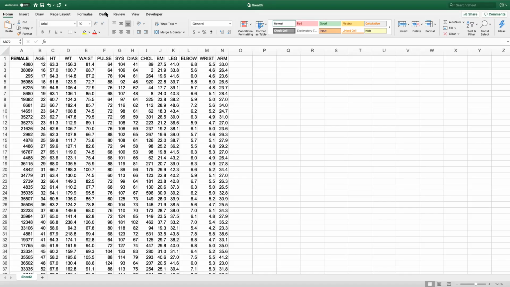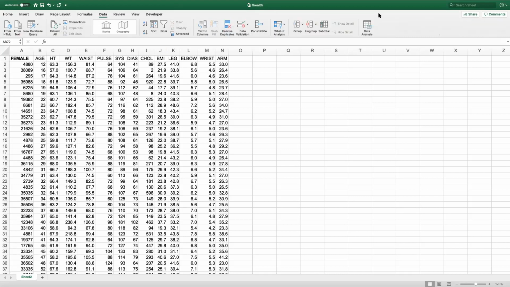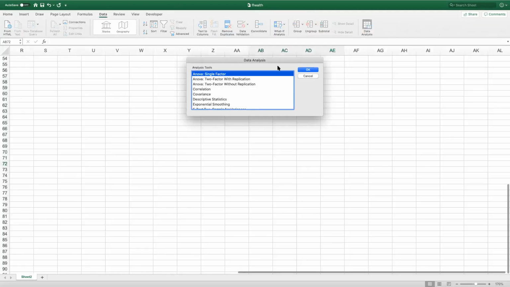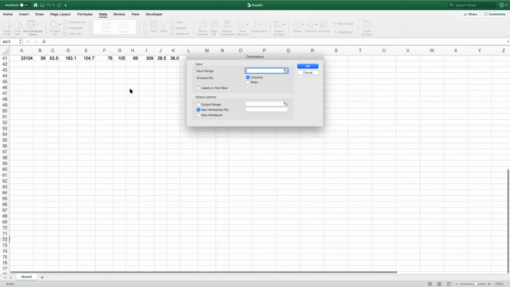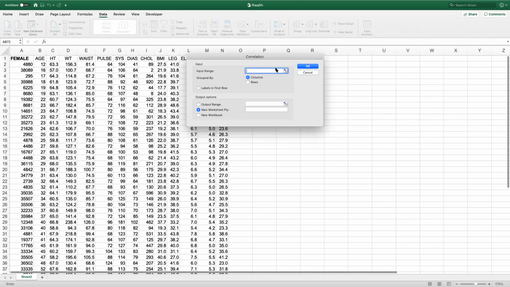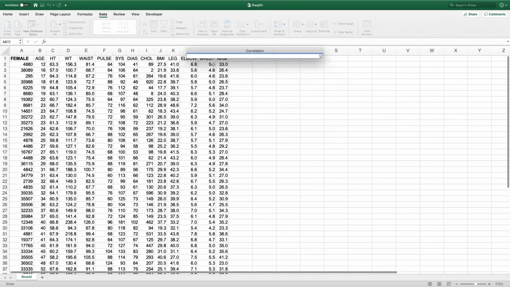So it is in the data analysis tool pack. So you're going to go data and then data analysis, and you've got the correlation option. And this is just going to calculate the correlation. So we need the input range, and I'm going to include the labels up top here.